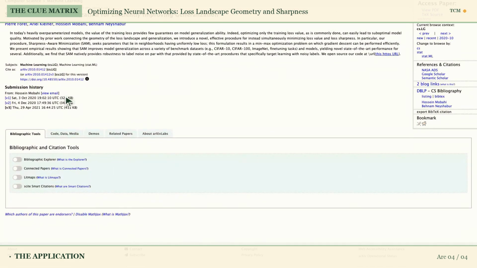If the model is less sensitive to small changes in its parameters, it makes sense that it would also be more forgiving of noisy labels in the training data. Exactly. This explicitly addresses the pitfall identified. Optimizing only the training loss value can easily lead to suboptimal model quality. SAM provides a direct, effective solution to this common problem.